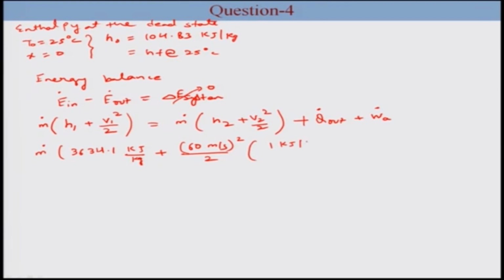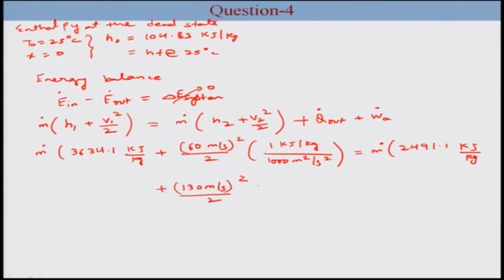Converting the units, this is equal to m dot times h2, which is 2491.045 kilojoule per kg, plus 130 meter per second, which is the velocity at the exit, squared and divided by 2.